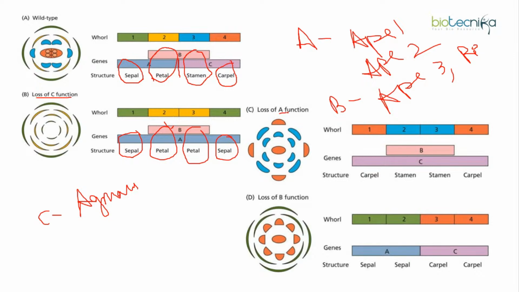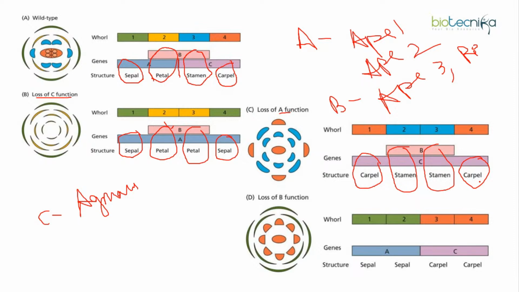Similarly, loss of class A gene will have the entire portion filled or dominated by C. Only C carpel, B and C stamen, B and C stamen, only C carpel. So the morphology becomes carpel, stamen, stamen, carpel.